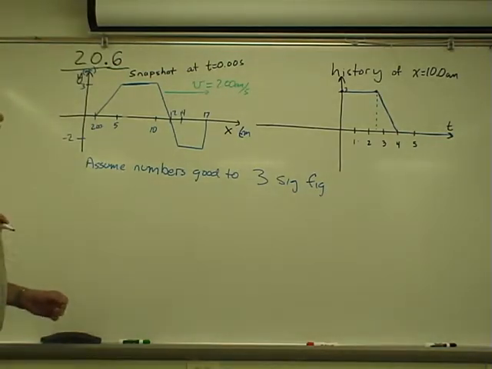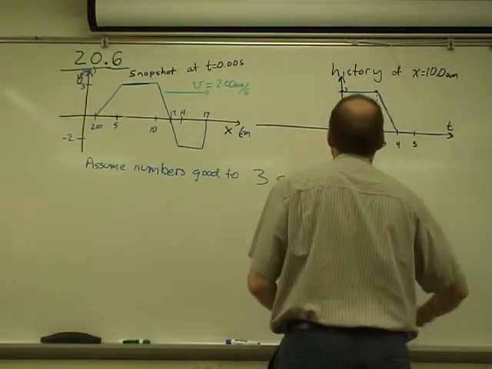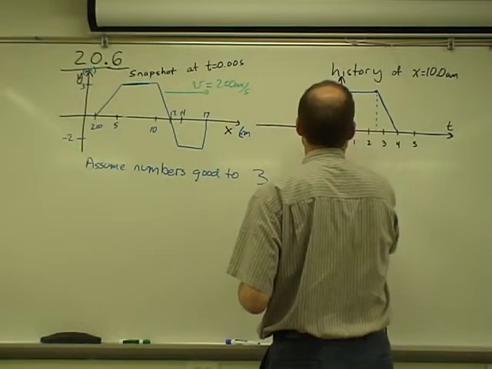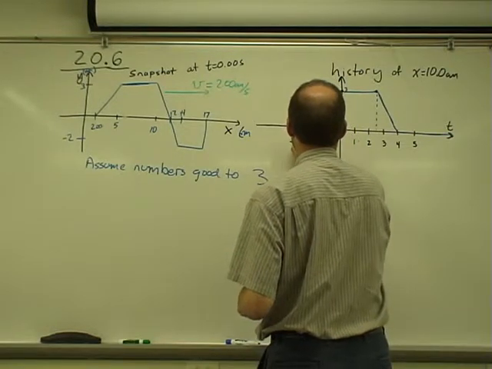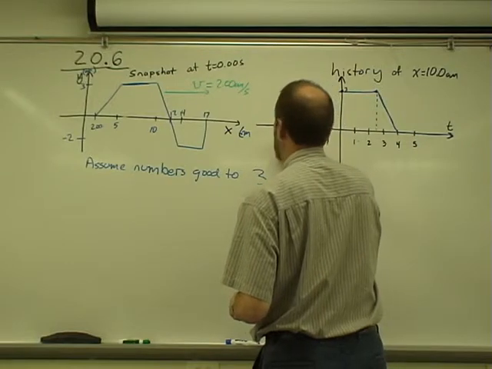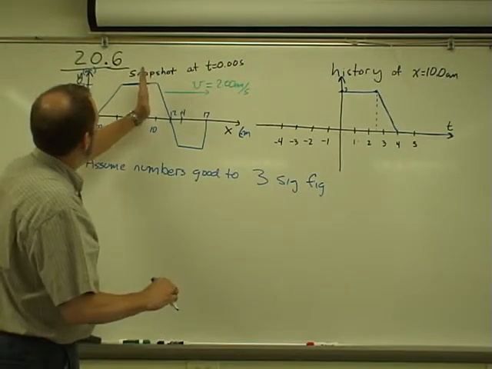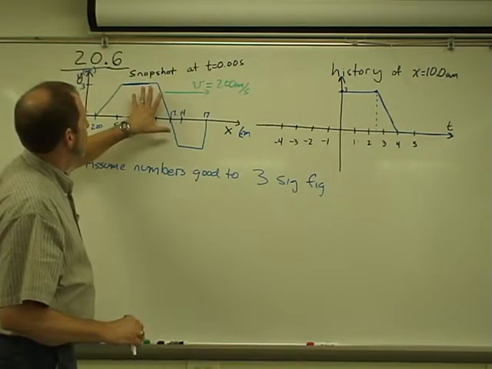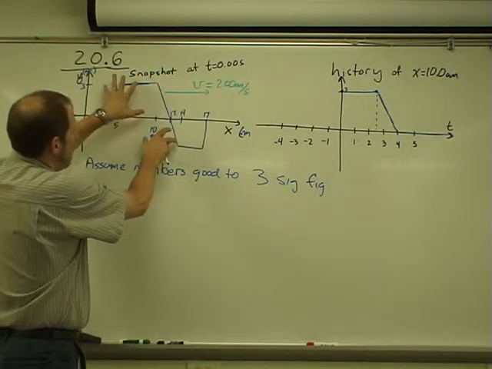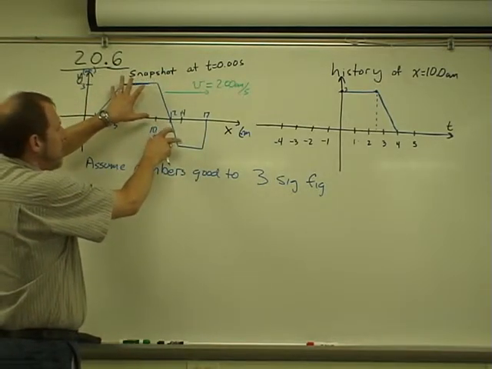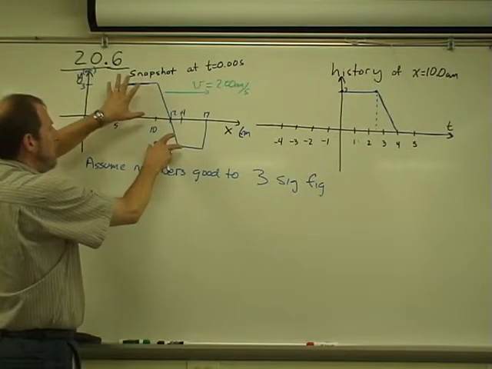Now, let's look in the past. Here it is at t equals 0. So at t equals, say, -1, this whole wave is 2 centimeters farther to the left. So 1 second previously was 2 centimeters over.